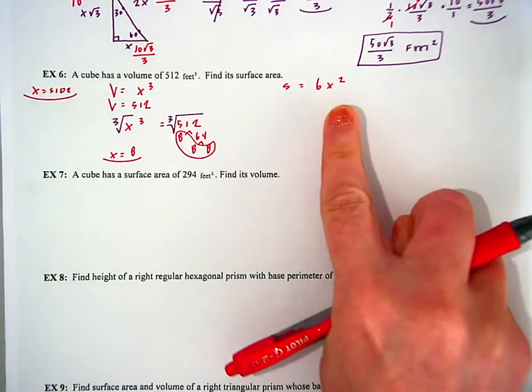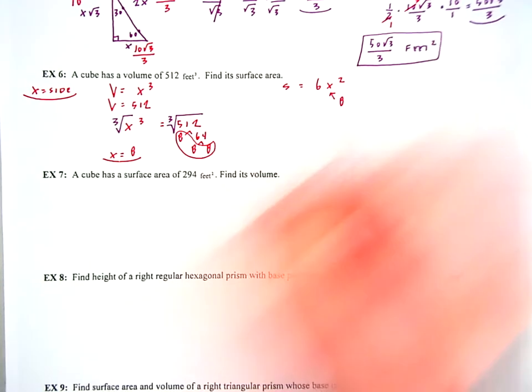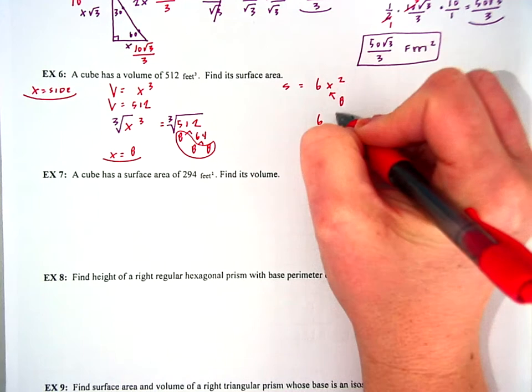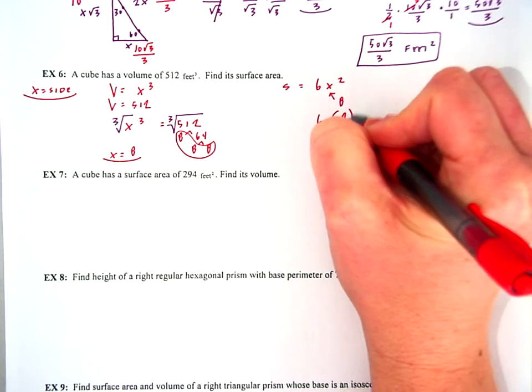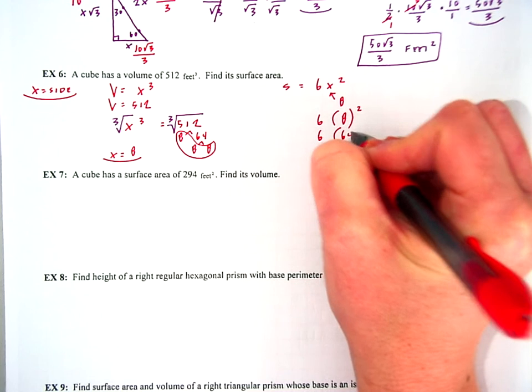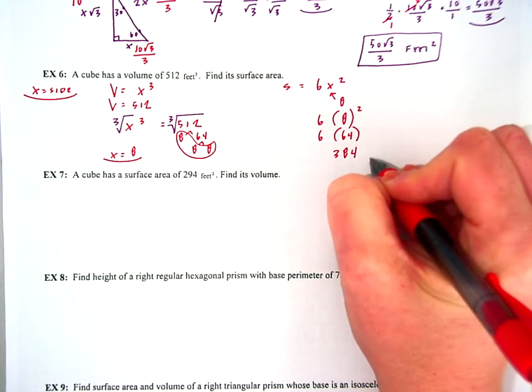So now when I go over here, I'm plugging in an 8 for my side length. So I have 6 squares. Each one has an area of 8 squared. So I'm taking 6 times 64, and I get 384 square feet.